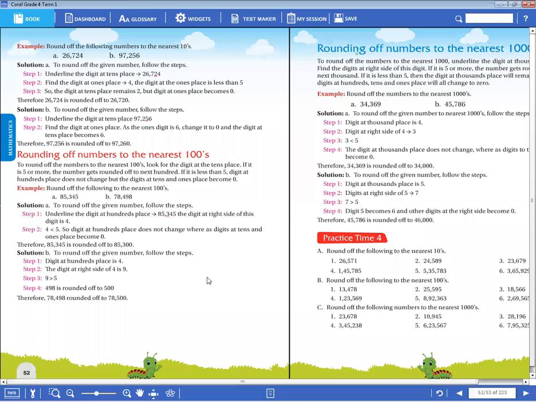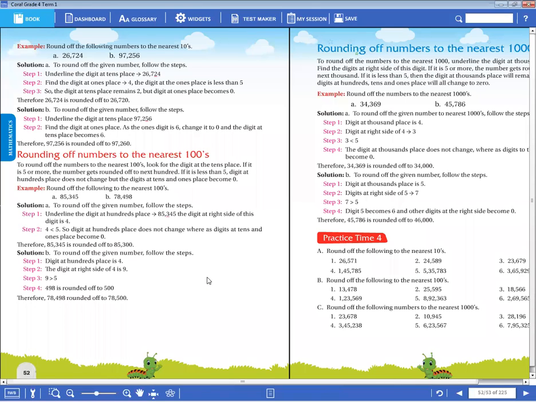So we have to take the next 100, means 78,500 you have to take. Okay, dear children. 500 it will come, Sai Swarup, because they have given 498. So in 498, in the tens place they have given 90, and 90 is greater than 50, no? So we have to take the next hundreds.